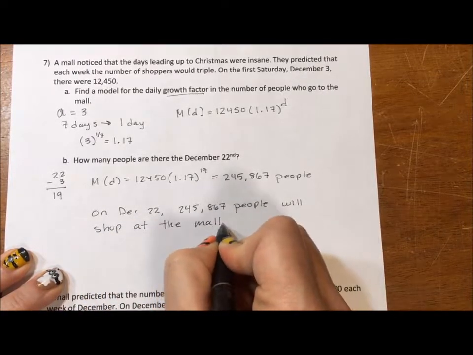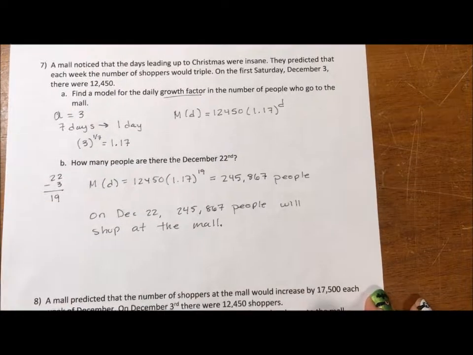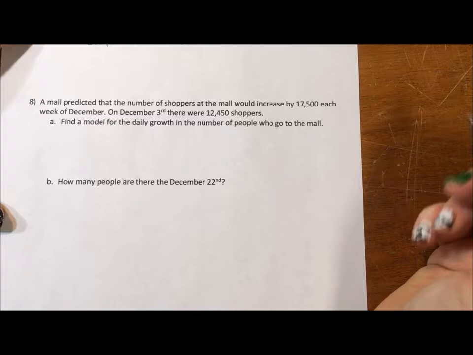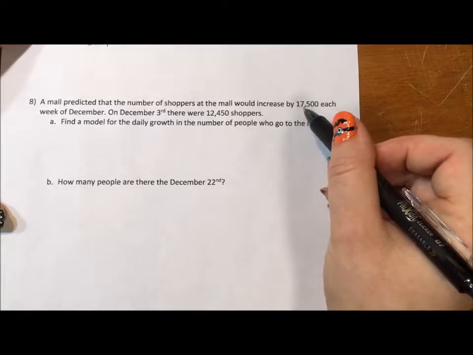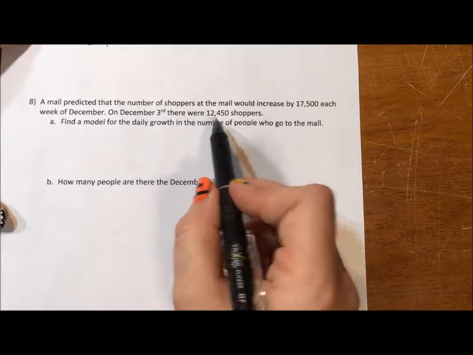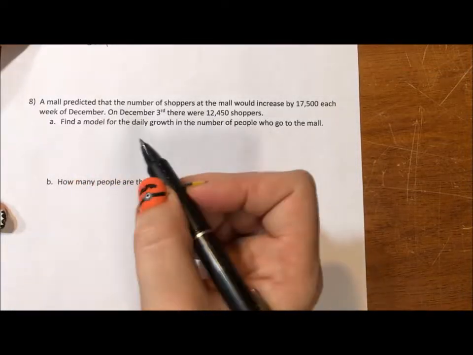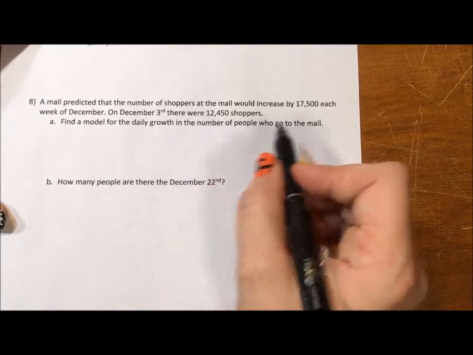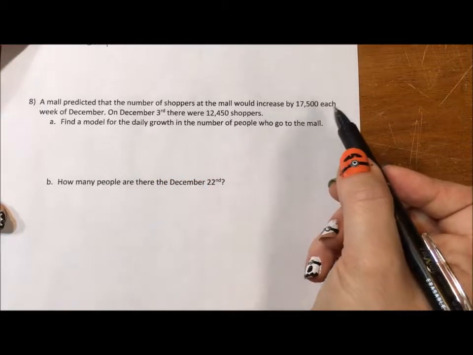Okay, but let's look at this problem again as if it were linear instead of exponential. So Amal predicted that the number of shoppers at the mall would increase by 17,500 each week of December. On December 3rd, there were 12,450 people. So the model, this is simple. I gave you a slope, I gave you a starting number. The problem is this is a weekly number.